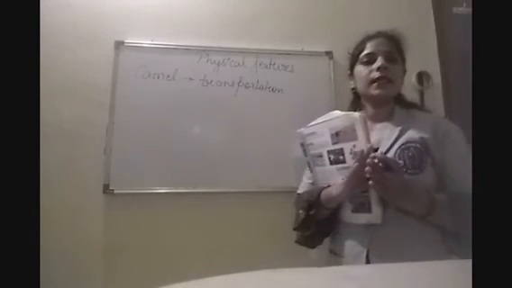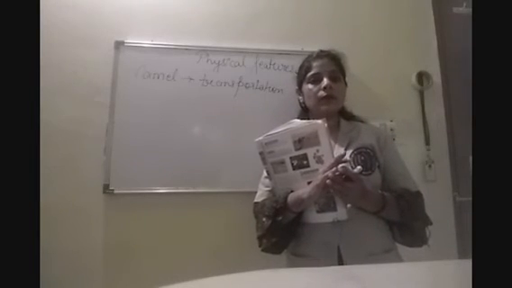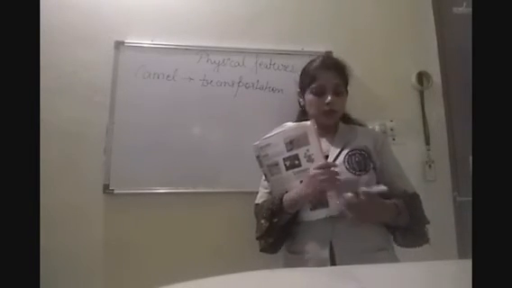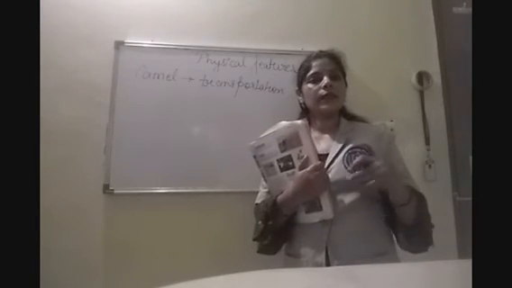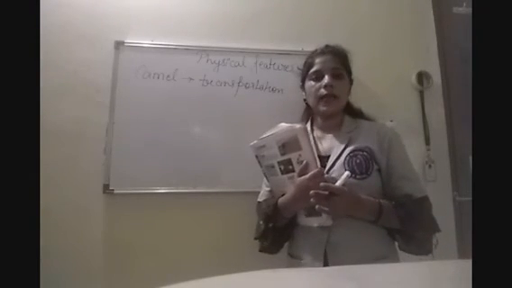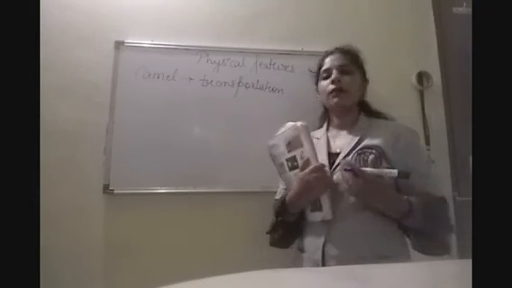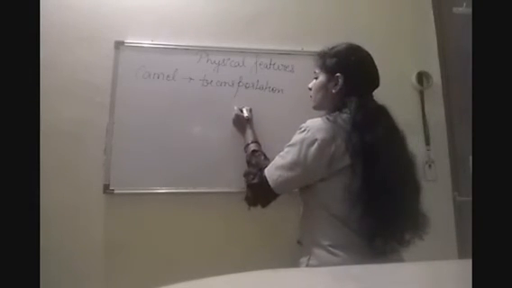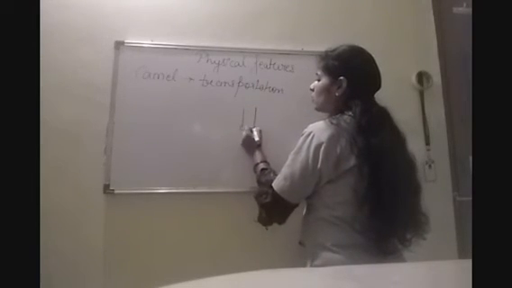When you have seen the legs of a camel, the camel has hoofs. So what happens, suppose you are walking on the sand, your feet get inserted or stuck into the sand, and you need effort to take out your leg. But when we are talking about the camel, the camel has the hoof.